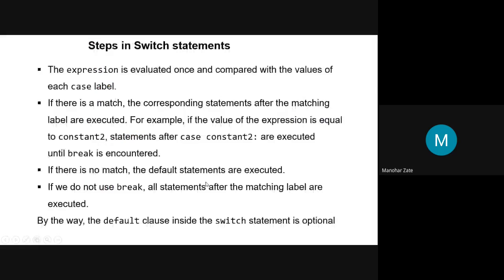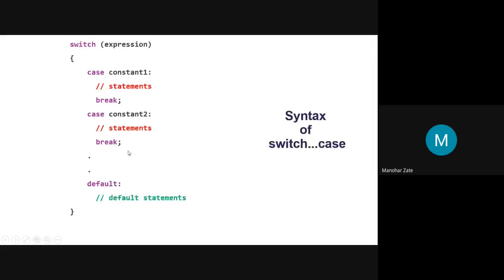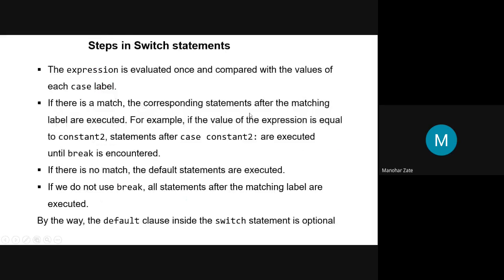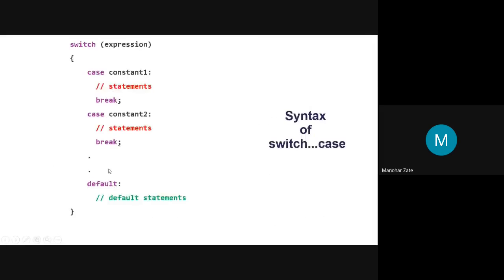What is the process involved in it? The expression is evaluated once and compared with the values of each case label. If there is a match, the corresponding statements after the matching label are executed.